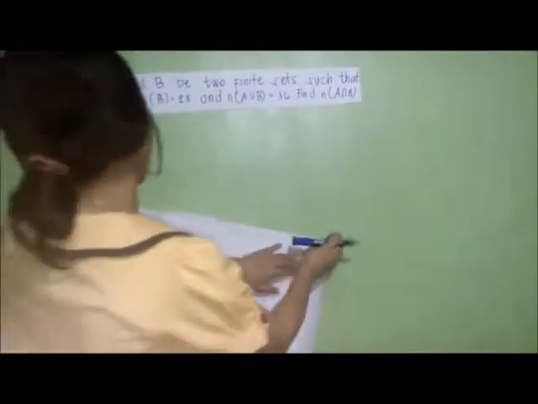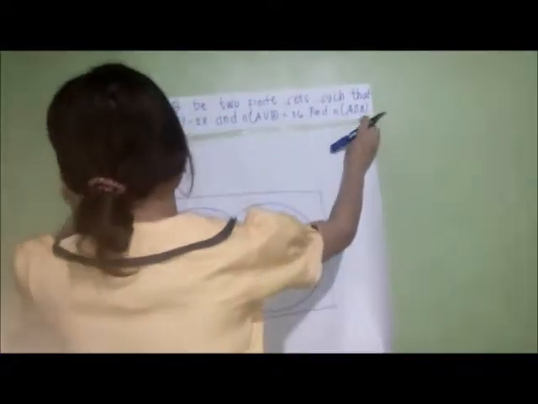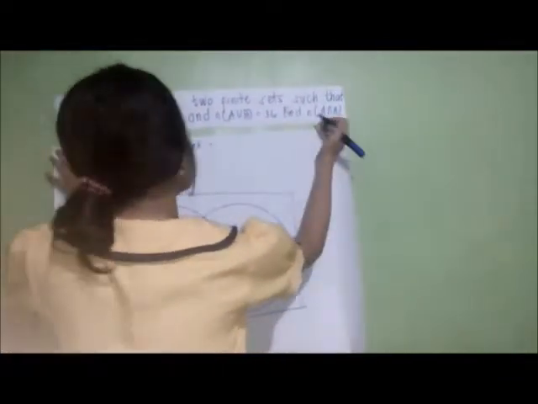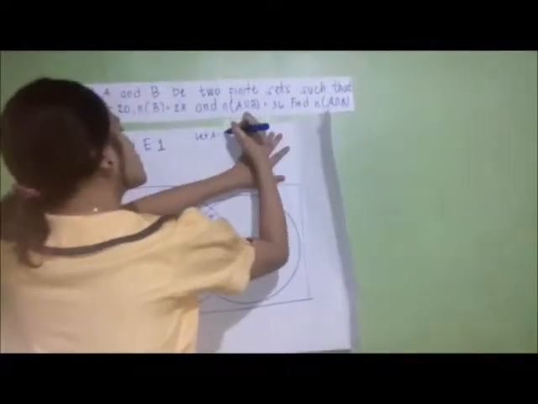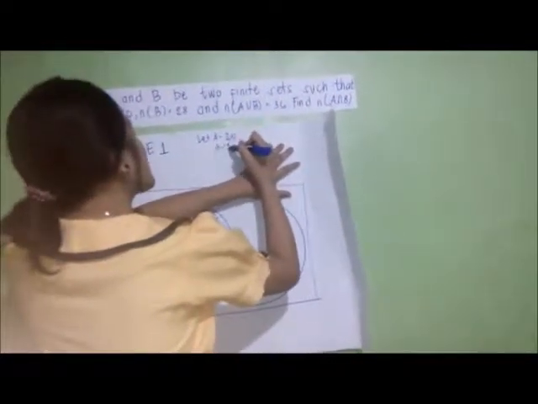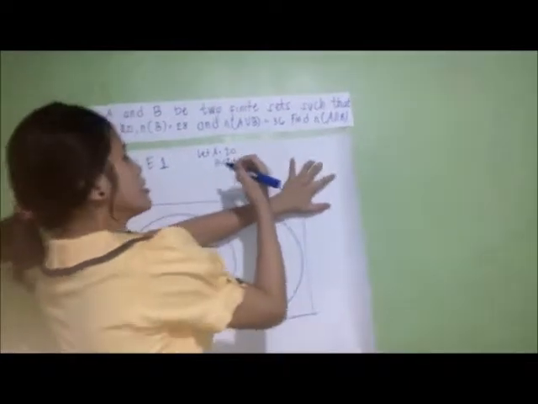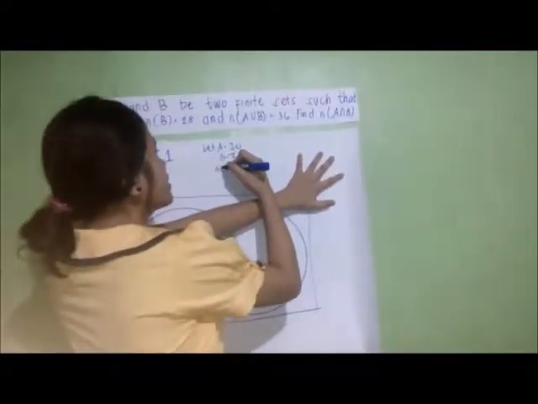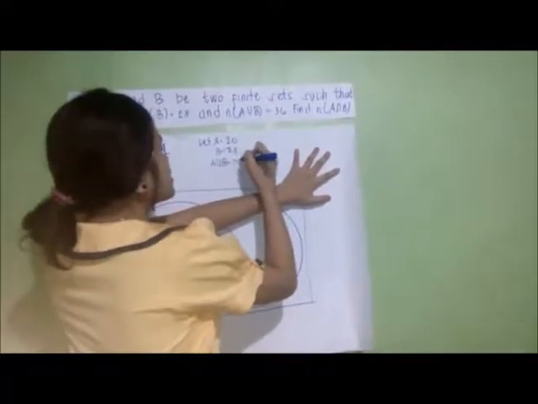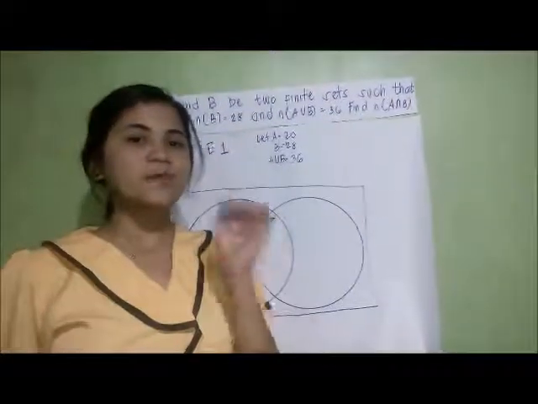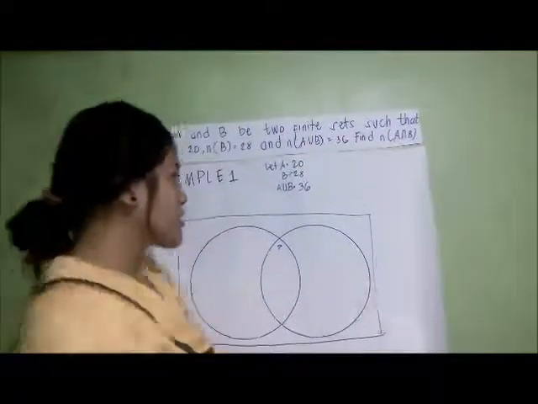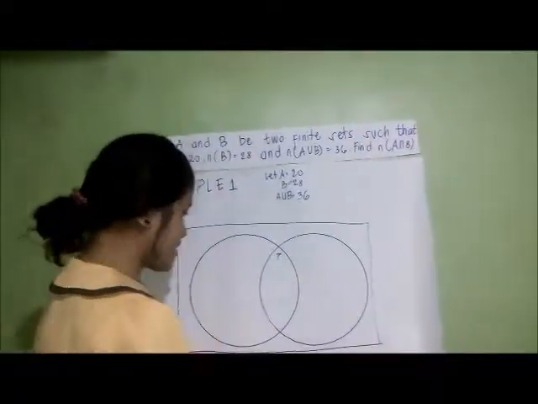So let n of A be equal to 20, n of B be equal to 28, and n of the union of A and B be equal to 36. Step 3, create a Venn diagram to illustrate the problem. So here is our Venn diagram.